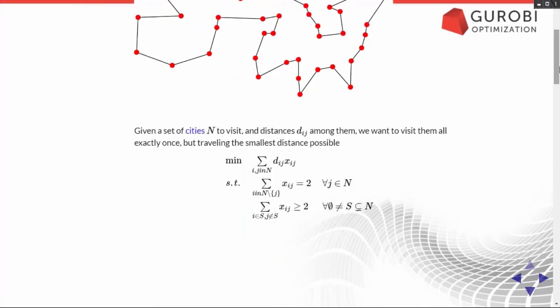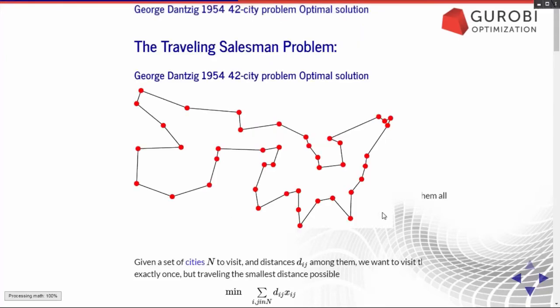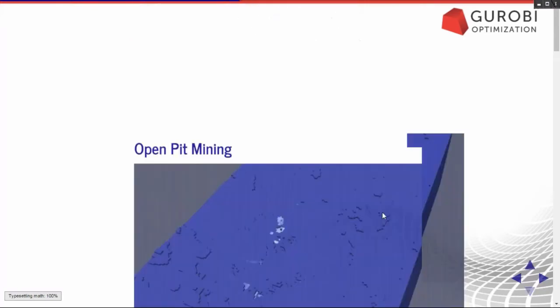You have n cities, you have distances between every pair of cities, and you want to visit them exactly once and have a tour, a way to go from one to the other. And the objective is to minimize the total traveling cost. And the mathematical formulation is that every node has to have two edges turned on, and you don't want to have any subtour. So that's the TSP problem.